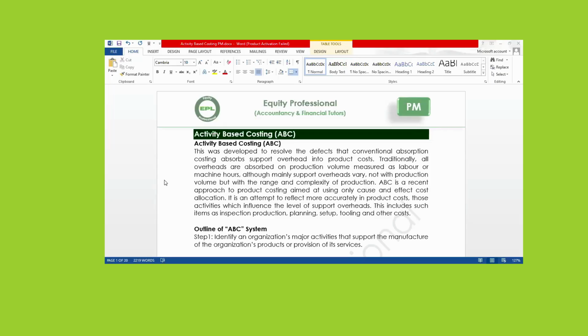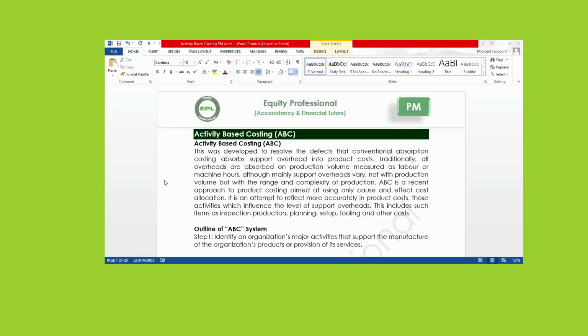That's a major flaw. That's a major deficiency in cost accounting. Using labor hour or machine hour to account for overhead is a major deficiency, because several factors have contributed to the overhead cost.